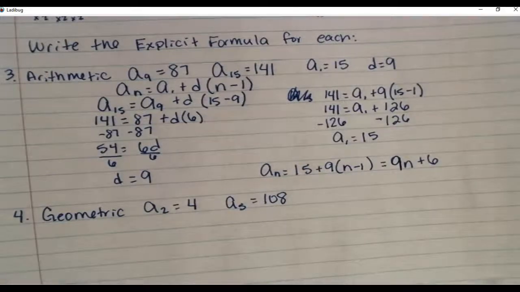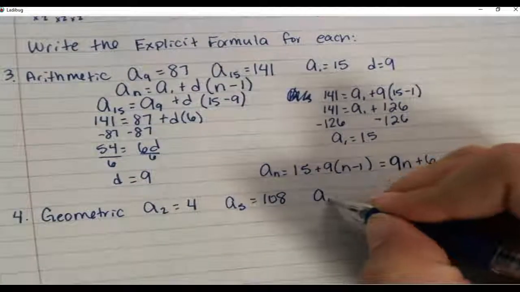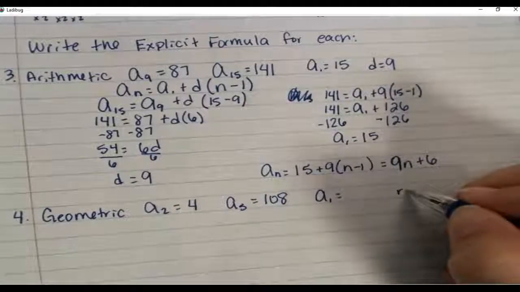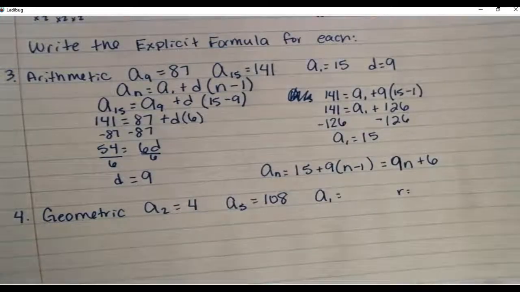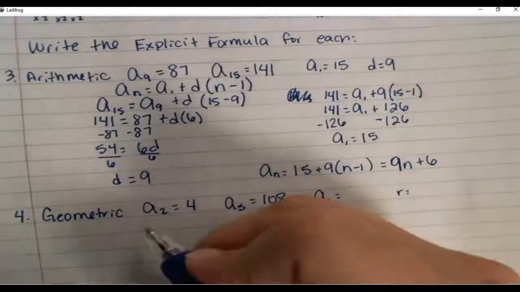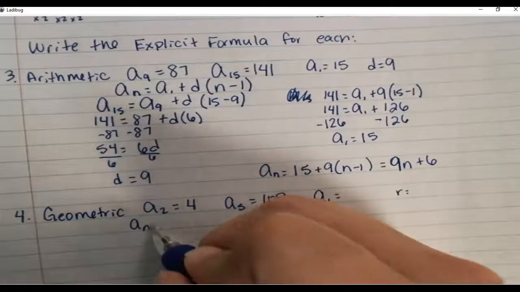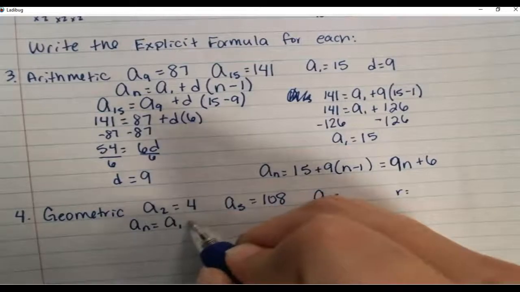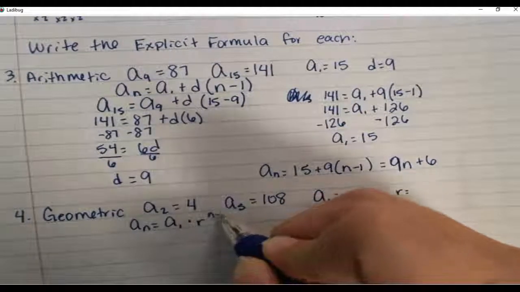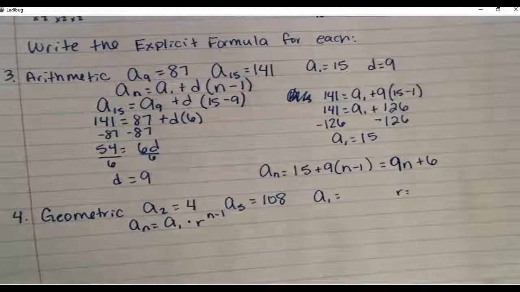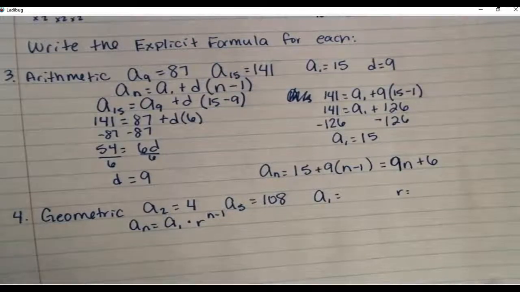So we still want to do explicit, so we still need A1, and this time we need r. And since it's geometric, An equals A1 times r to the n minus 1 is our general formula.